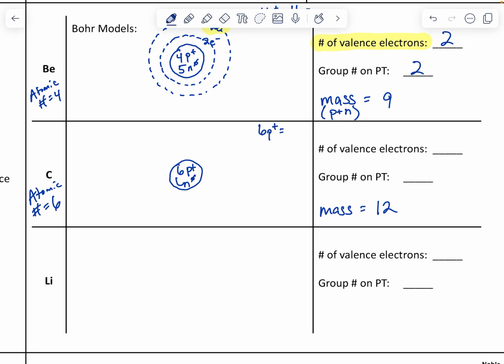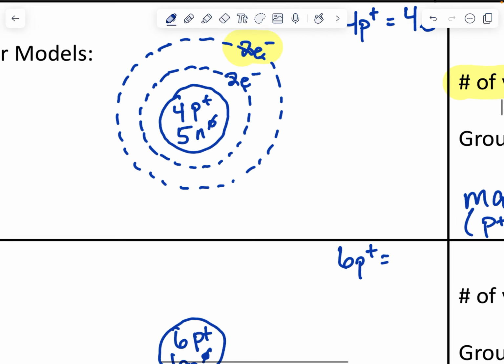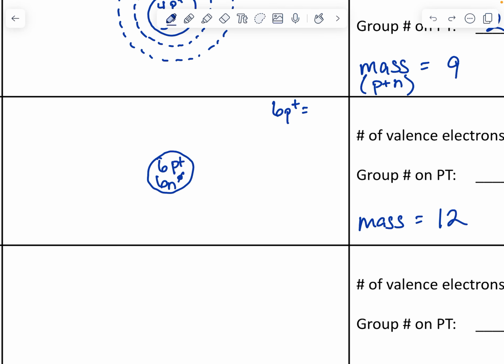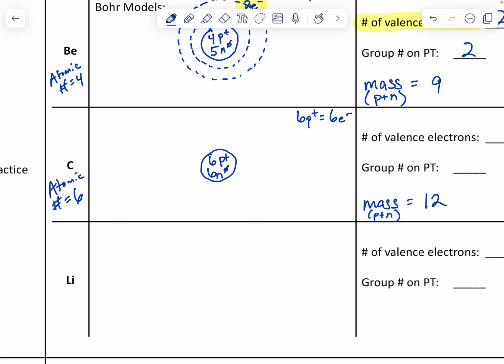And I should also have 6 neutrons, and that's not because they always need to cancel each other out, right, as we can see from above, but it's because the mass is 12. And I know that protons plus neutrons should give us the mass number. And now I know that I need 6 electrons to balance out those 6 protons in the nucleus, and now I have to figure out where they are going to be located.